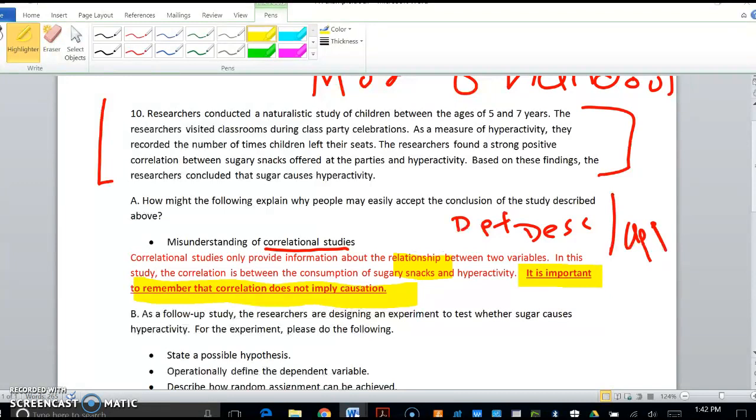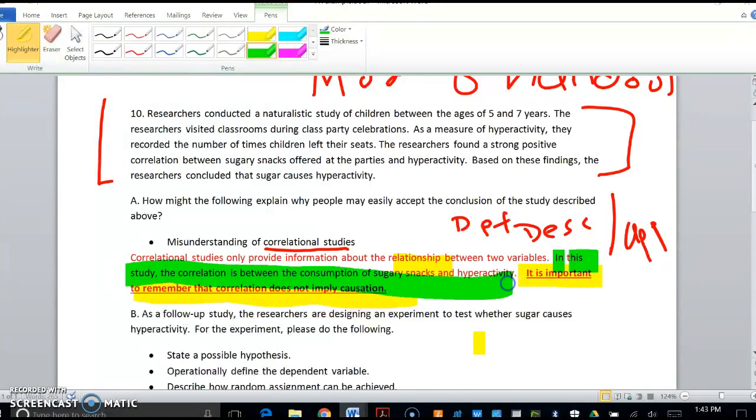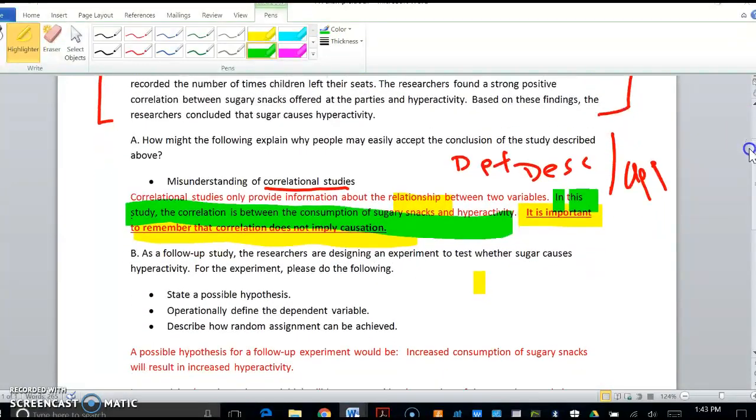But remember that correlation does not imply causation. That's what they want to see. The other thing is the second sentence, which I'll highlight in green, is my attempt to connect my response to the context of the question. So bear with me as we go through this.